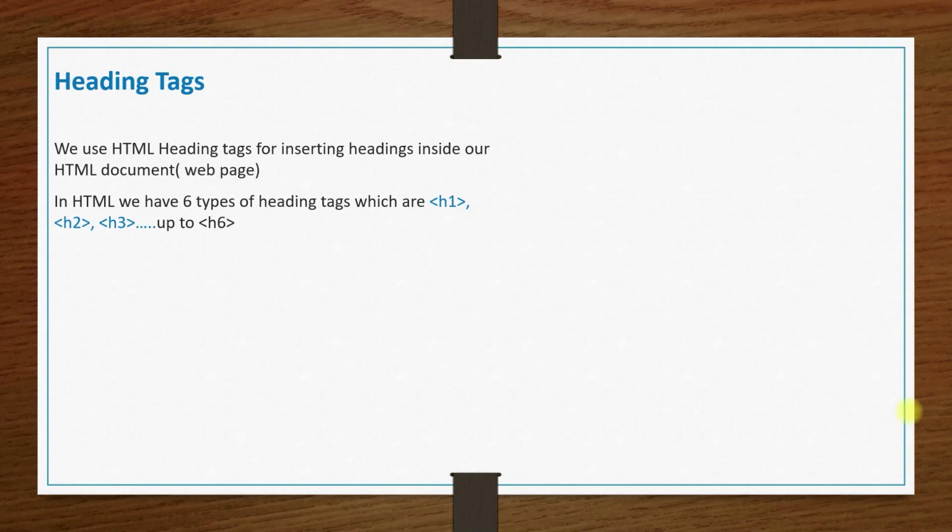So in there, you need to use headings. Why? Because you are going to give information about different parts of their lives, about their personal life, about their professional life, about what they did, what they didn't, and stuff like that.